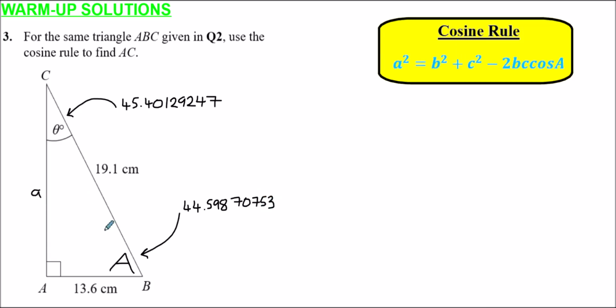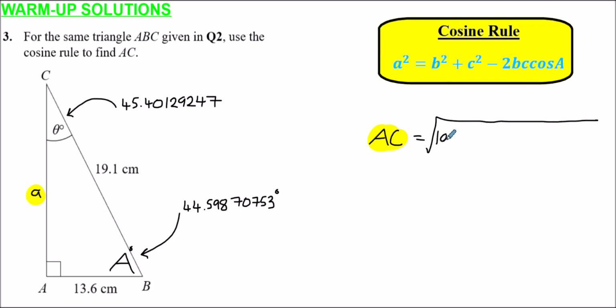So now we know A and the angle opposite to A, we can now apply the cosine rule. So, in other words, AC, which I've labelled as a in the diagram, is going to be the square root of all this here. So it's going to be the square root of b squared plus c squared, with these two are just the other two sides in any order.